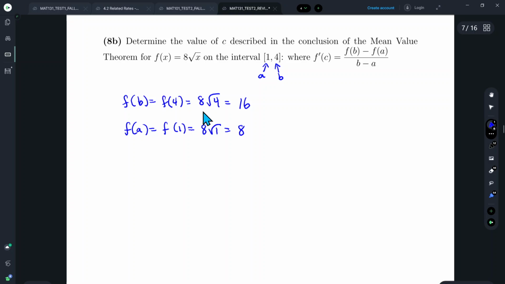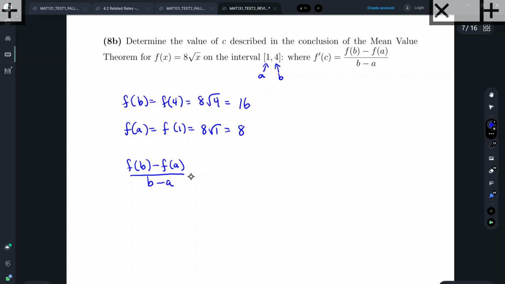Okay, so now that we calculated these two things, we can set up the right-hand side here, right? So f of b minus f of a over b minus a. So this we calculated was 16.